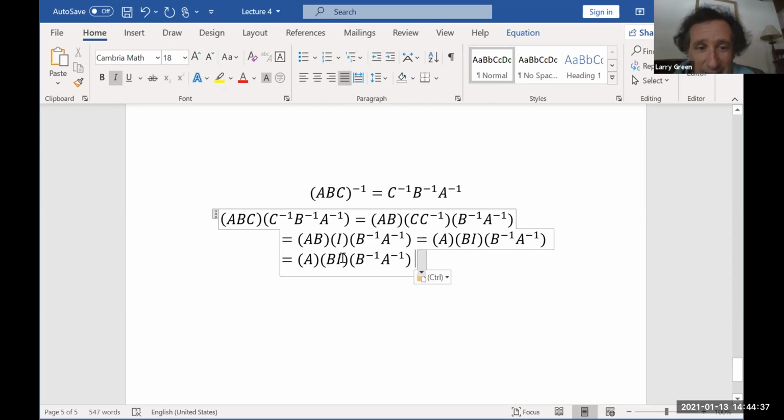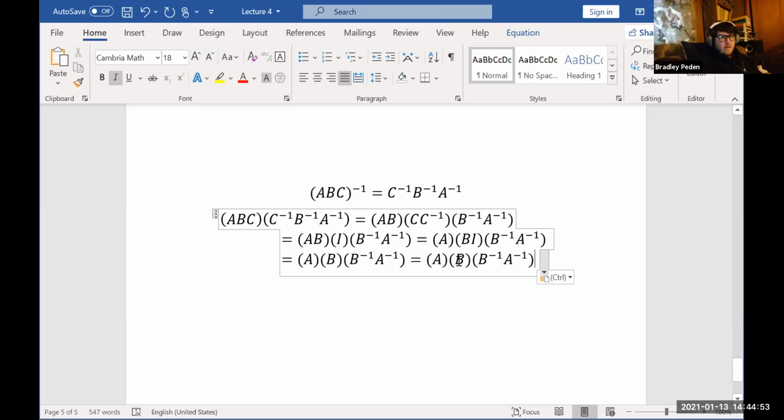So B times I is B. I don't know if you see what's kind of happening. How can I adjust the parentheses now? We can group B and B inverse. Not the A and A inverse, they're outside each other, but the B and B inverse can be grouped.